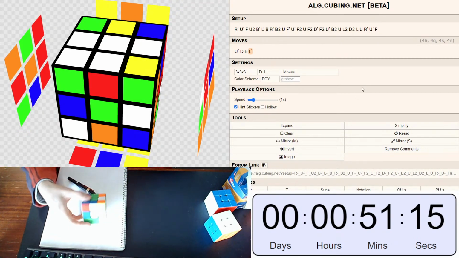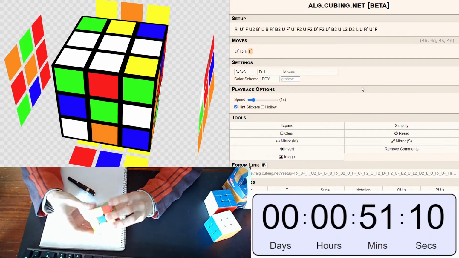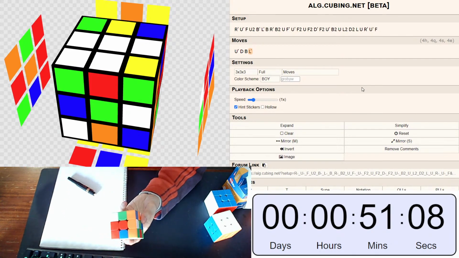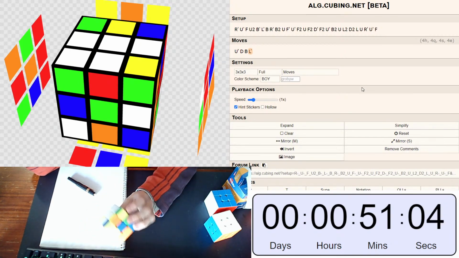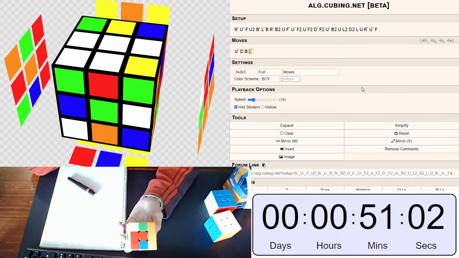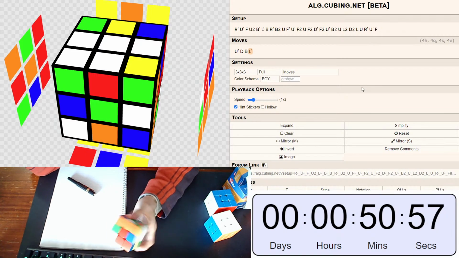So, U prime DB L prime gives me 4 corners and 4 edges. They're not set up, 4 corners, 2 edges. They're not set up in a very comfortable way.